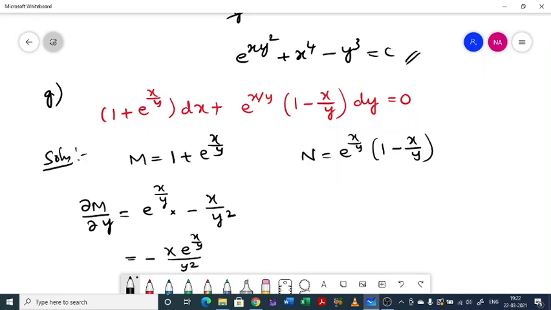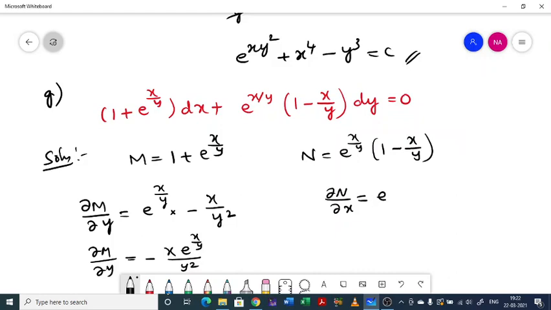This is ∂M/∂y. Now let us come to ∂N/∂x. We can write this as e power x by y minus x by y into e power x by y, or else you can apply the product rule directly. Let us apply the product rule.